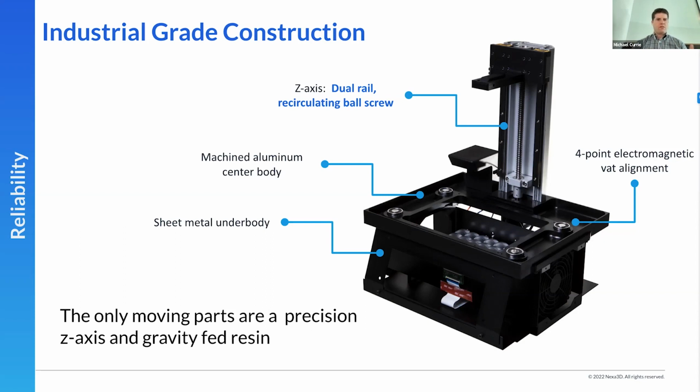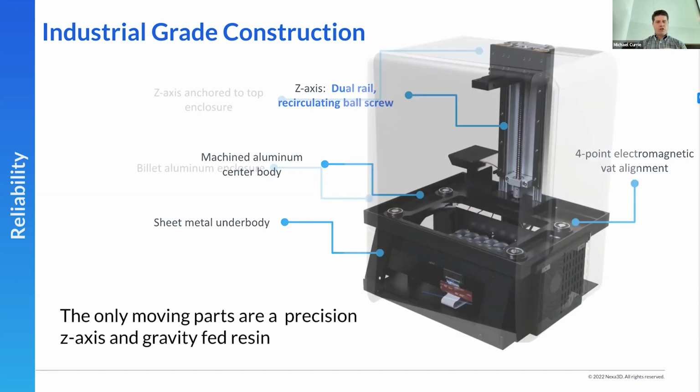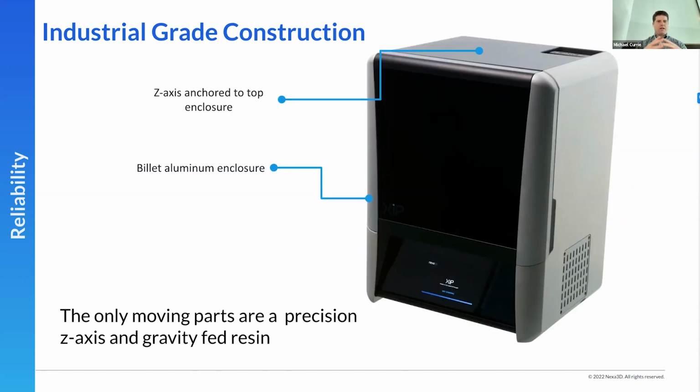With that, we then enclose the Z-axis in almost an exoskeleton or roll cage, if you will, of billet aluminum. And then we also pin the Z-axis into the top frame. So you're creating a very well-defined unit, which is perfectly aligned and will stay in alignment.